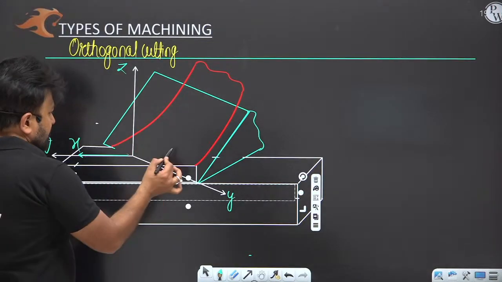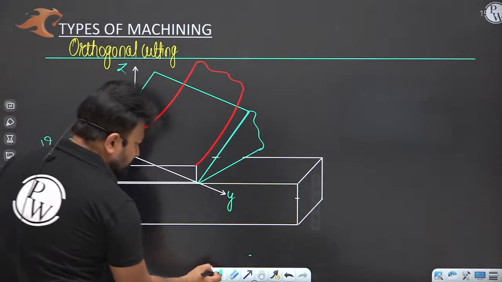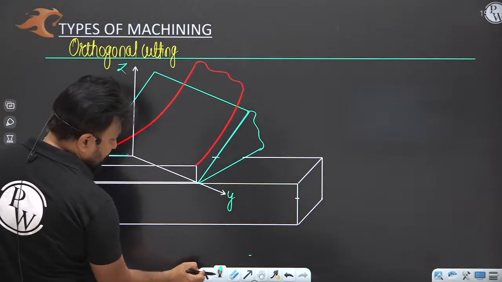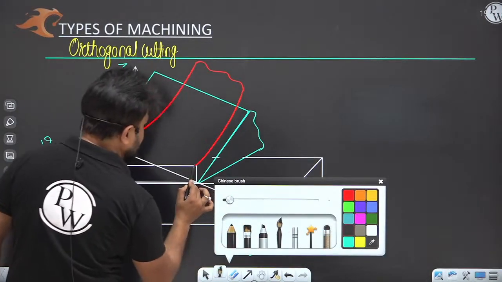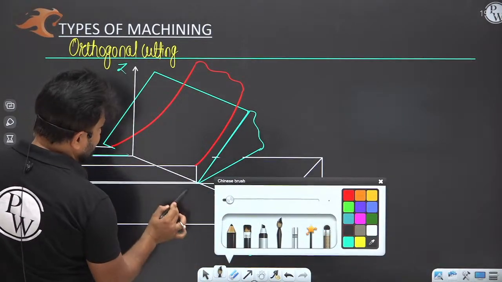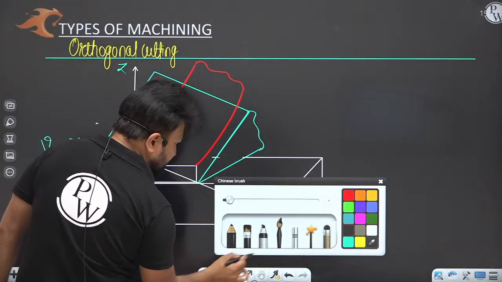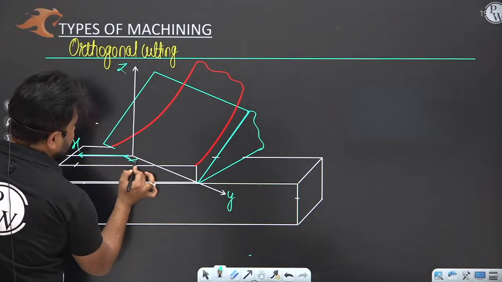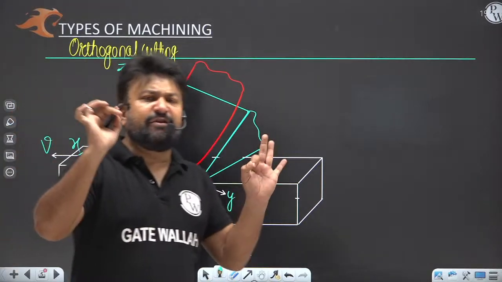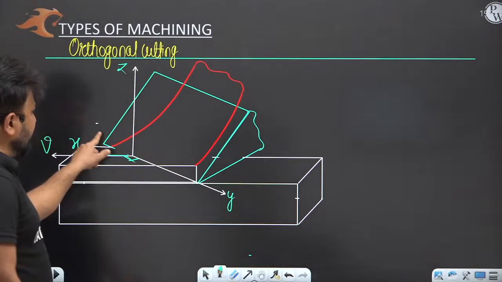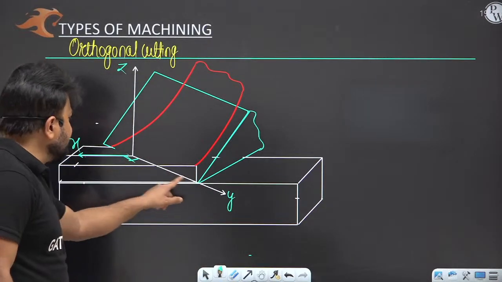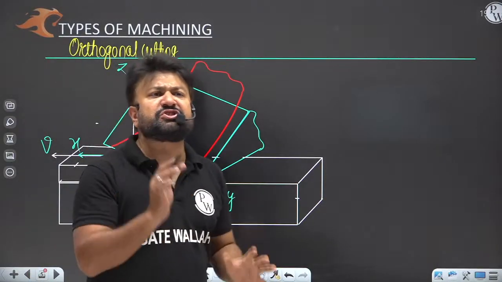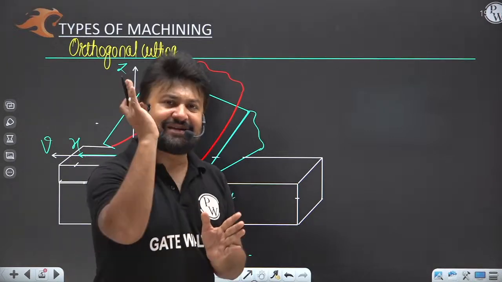My dear, when the cutting velocity is perpendicular to the cutting edge of the tool, and here the cutting edge lies along the y-axis, this is the condition of orthogonal cutting.